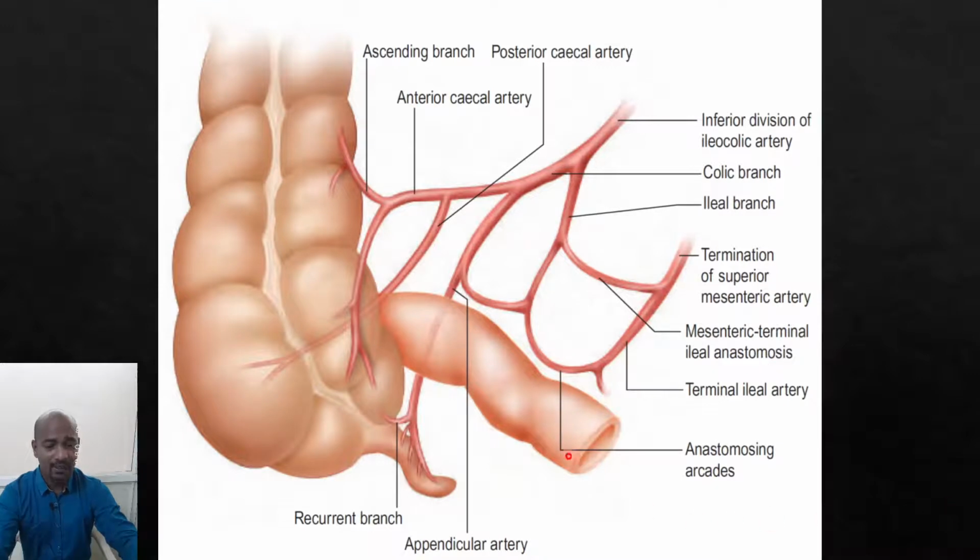This is the reason for the non-localized diffuse periumbilical pain seen in the initial stages of appendicitis, which later becomes localized, and rebound tenderness is also seen once it gets localized.